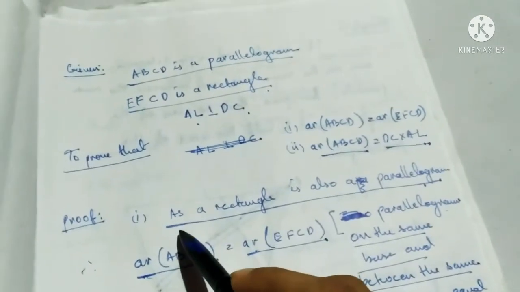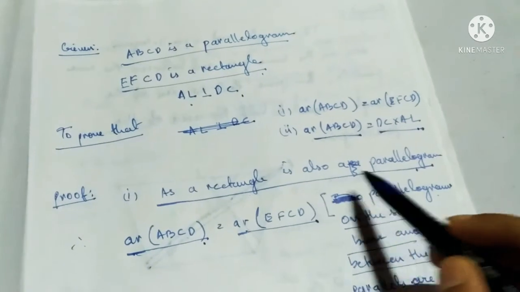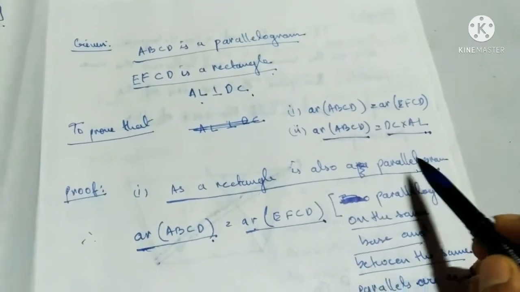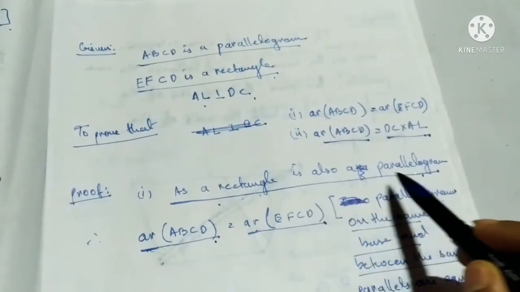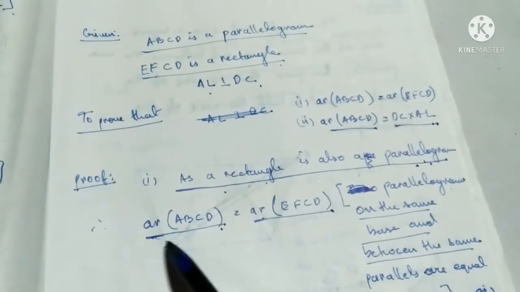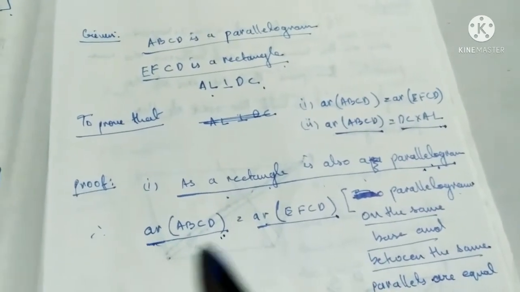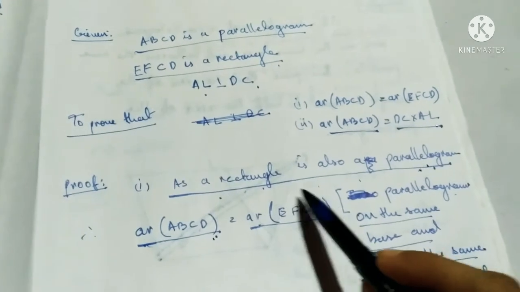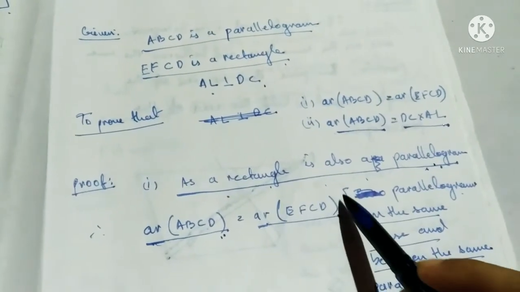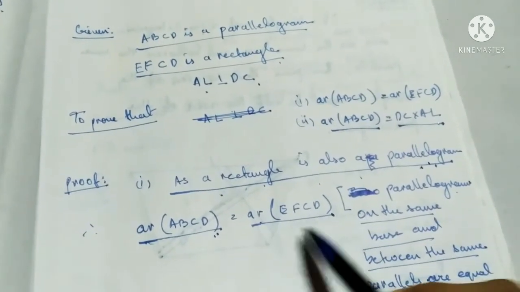The first one I am proving. Now we know that a rectangle is also a parallelogram. So the area of ABCD, that is the area of the parallelogram, will be equal to the area of EFCD, that is the area of the rectangle. Why?